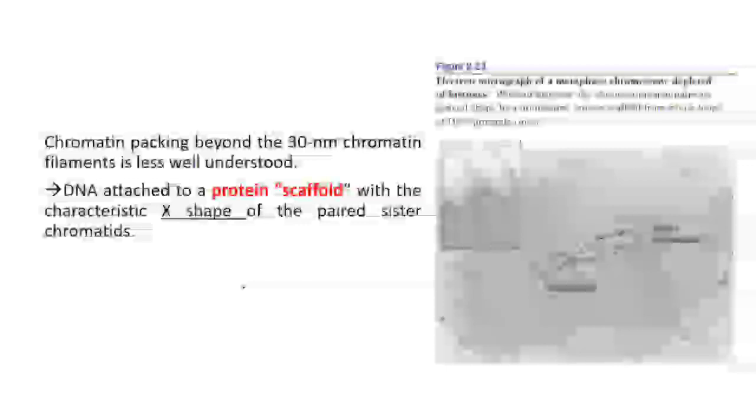We use this X-shaped chromosome structure, the duplicated chromosome with 2 sister chromatids, because the shape of the scaffold non-histone protein is similar to the X-shaped structure. Okay, so only the 30 nanometer chromatin fiber will wrap this X-shaped scaffold protein. That's why at the end, the shape of the chromosome is similar to an X-shaped structure.